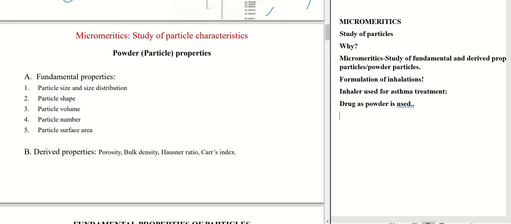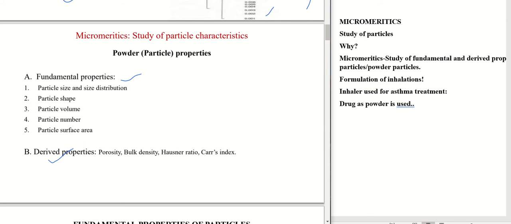Now let us get into the details of the properties. We are studying the particle characteristics. The particle characteristics are classified into two categories: fundamental properties and derived properties. Derived properties include porosity, bulk density, Hausner ratio, and Carr's index, which are very important for a pharmacist during the formulation of various dosage forms.